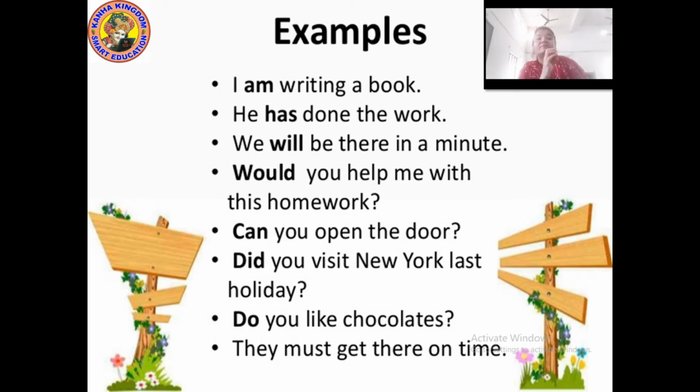The auxiliary verb tells about the tense also. I have told you before only. So, we will be there in a minute. The auxiliary verb is will. Next, would you help me with this homework? Here the auxiliary verb is would.